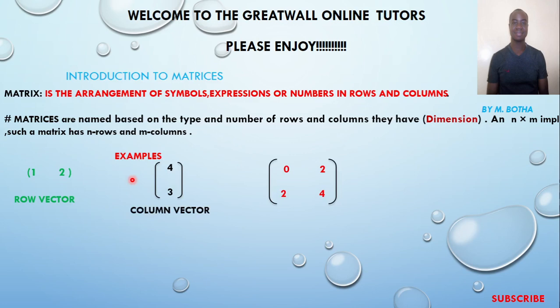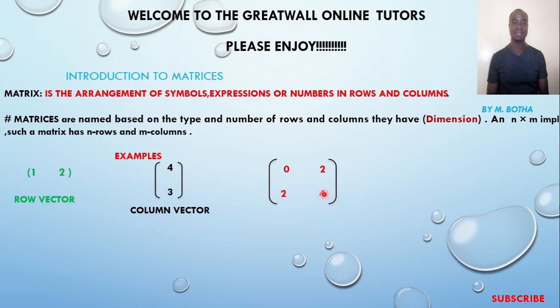When you look at this matrix, it has n number of rows and m number of columns. Now we can count the number of rows and the columns. The first one on top, which is 0 2, gives us the first row, right? And then the second one, 2 and 4, gives us the second row of this matrix.